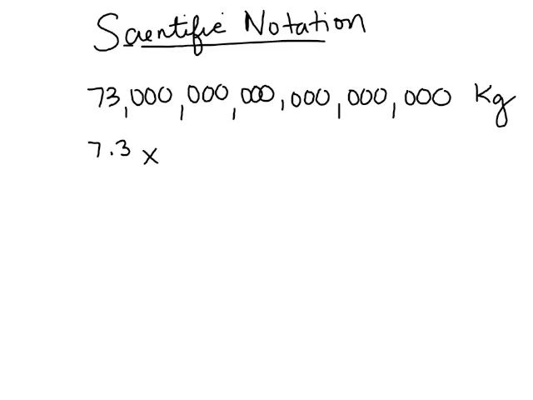Ready? 1, 2, 3, 4, 5, 6, 7, 8, 9, 10, 11, 12, 13, 14, 15, 16, 17, 18, 19. So you included the 3? Well, I have to, right? Because that's where my decimal is.